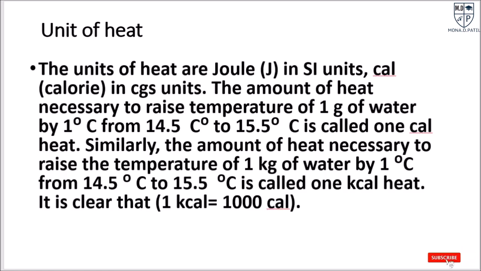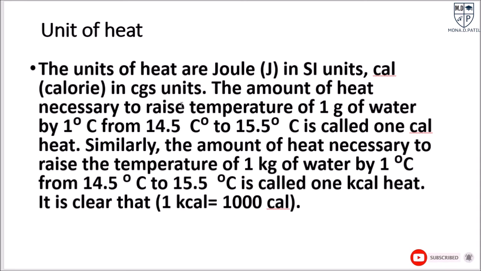Then units of heat. The units of heat are joule in SI unit, calorie in CGS unit. CGS means centimeter gram second, and SI means standard international. So in standard international the unit of heat is joule, and in CGS, meaning a smaller amount, it is measured in calories and shown as cal.